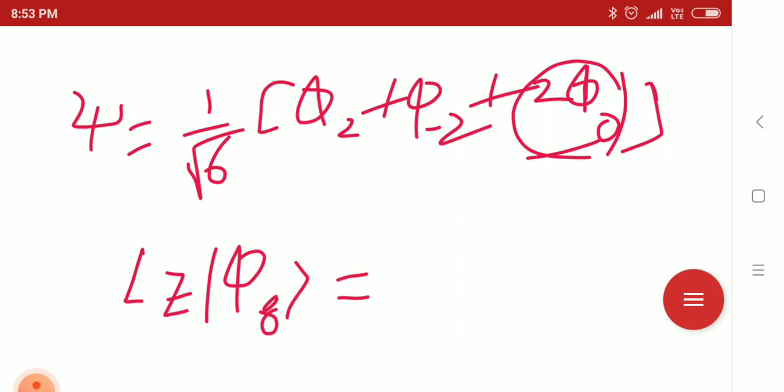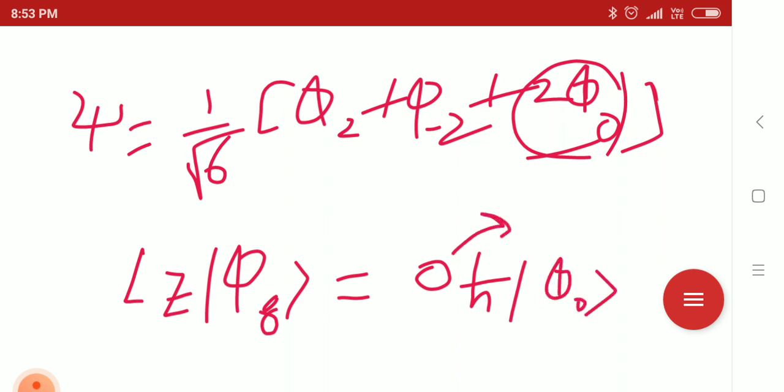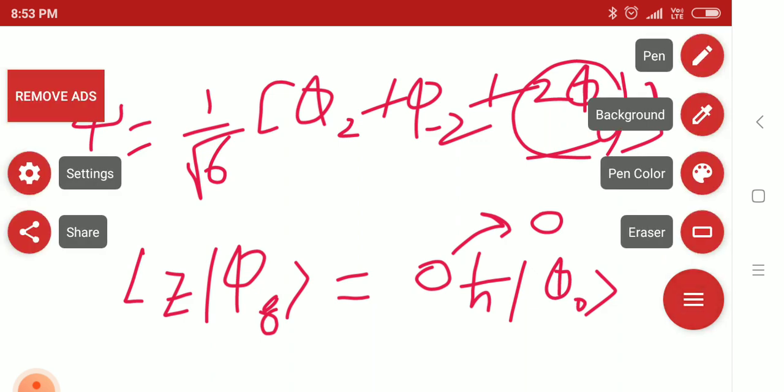So the eigenvalue is 0 h cut, 0 into phi 0, that is, it is giving 0.